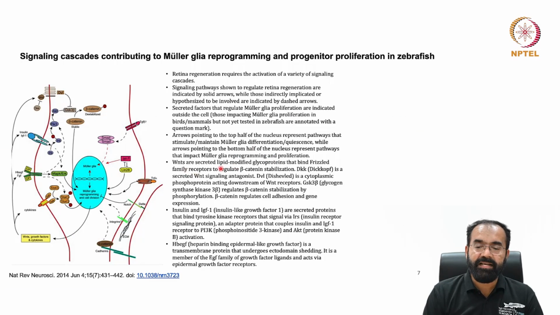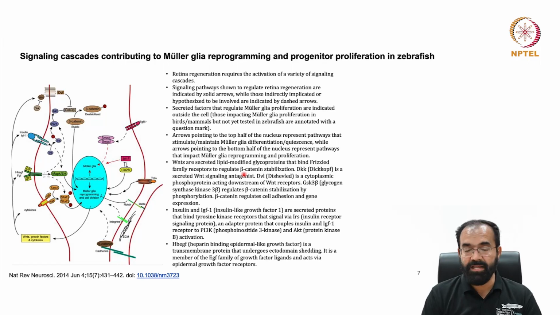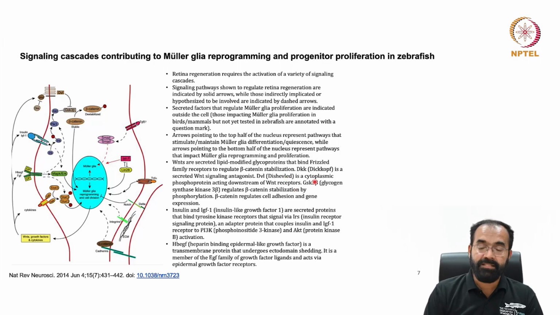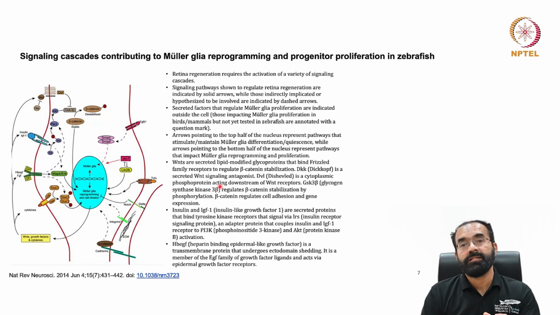So Wnts are secreted in a lipid modified fashion, as glycoproteins, and they can bind to the frizzled family of receptors that will allow the stabilization of beta-catenin. That is one of the pivotal pathways. We will see more about Wnt signaling in the coming class also. This will sequester disheveled from the degradosome complex, where normally the excess produced beta-catenin is degraded.